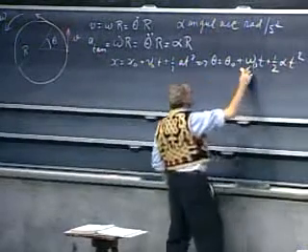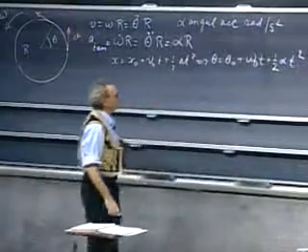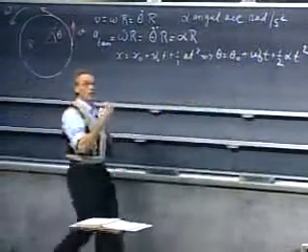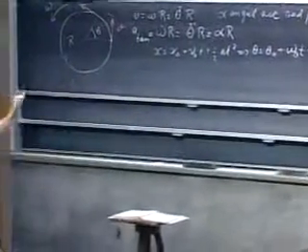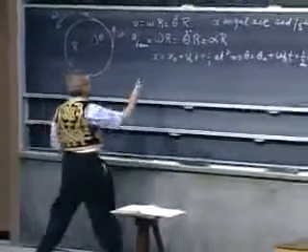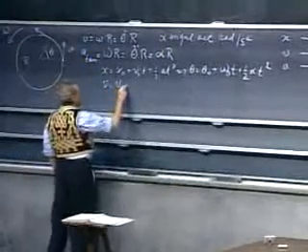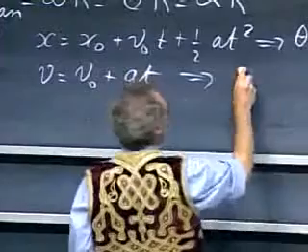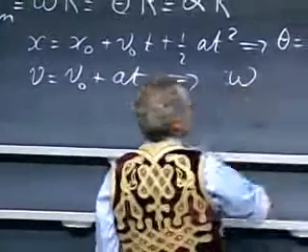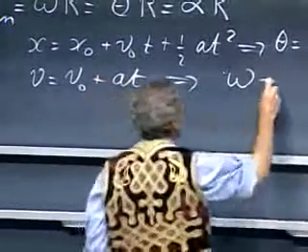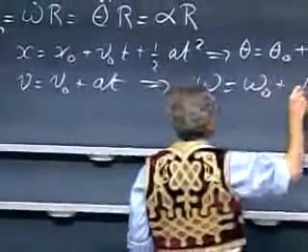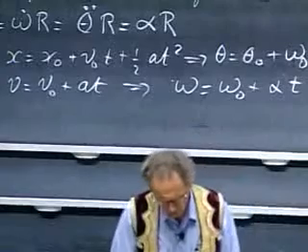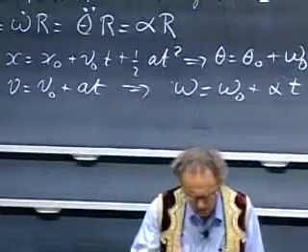It's that simple. Omega 0 is then the angular velocity at time t equals 0. And theta 0 is the angle at time t equals 0 relative to some reference point. And the velocity was v0 plus at. That now becomes that the velocity goes to angular velocity omega equals omega 0 plus alpha t. So there's really not much added in terms of remembering equations.